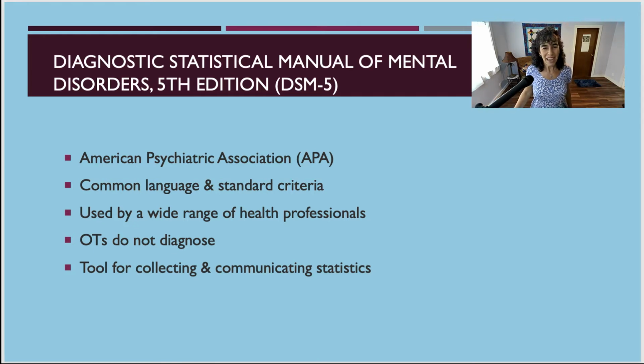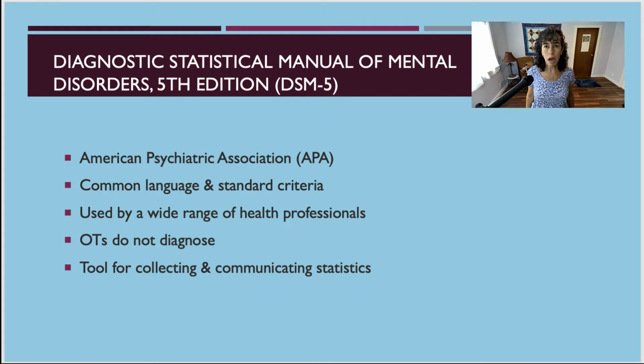Okay. So the DSM-5 was developed by the American Psychiatric Association. We are, in fact, in the 5th edition. It's changed a lot over time. Tends to be about 10 years between editions. It gives us a common language and standard criteria for identifying different conditions.